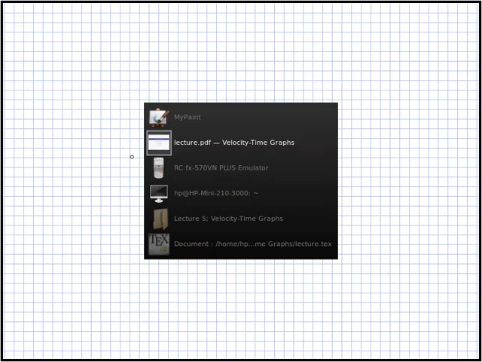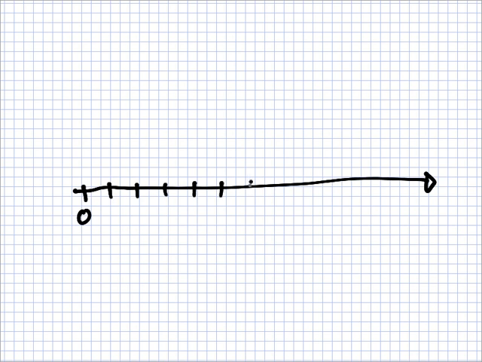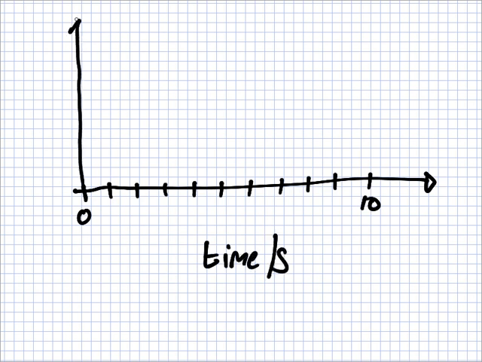Careful now. So I need to go up to 10. Zero, 1, 2, 3, 4, 5, 6, 7, 8, 9, 10 seconds. Okay, and I need to go up to 20, so I'll go 5, 10, 15, 20.